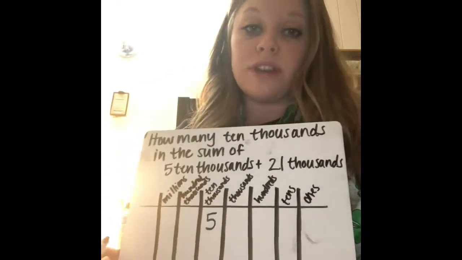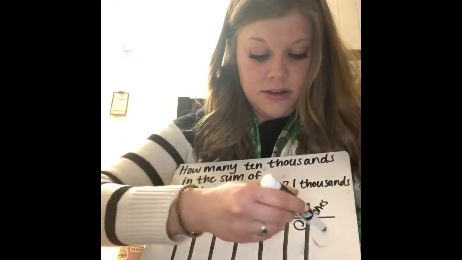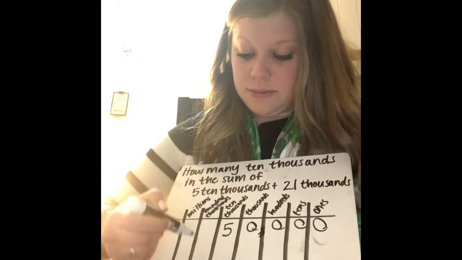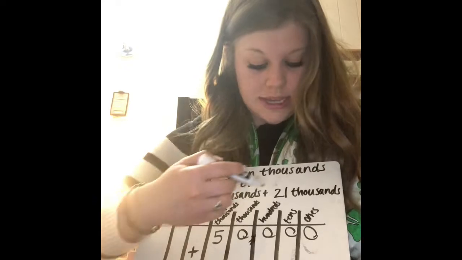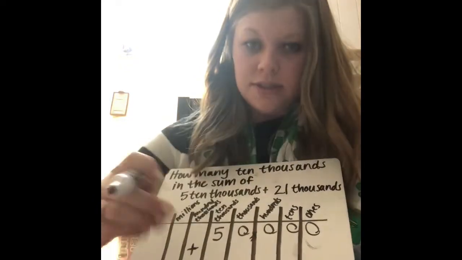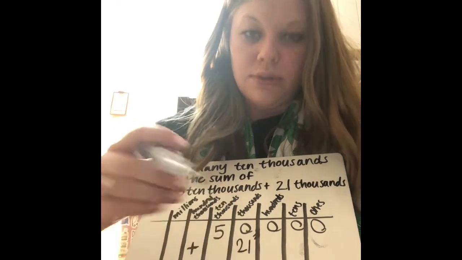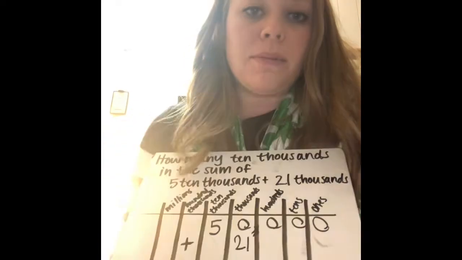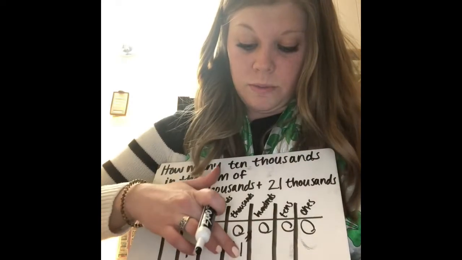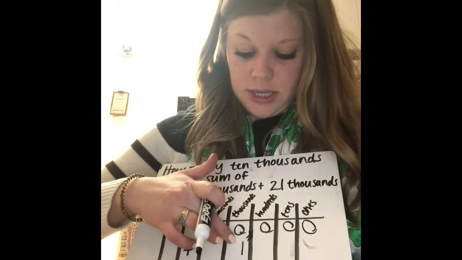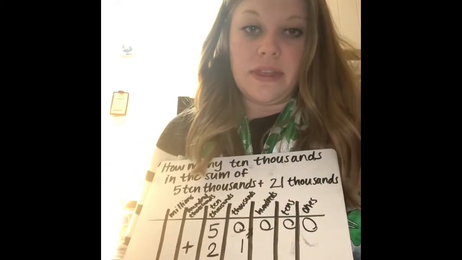So these are two different numbers here. So I'm just going to fill the rest of this in here for 5 10,000s because now I have a new number that I'm adding to that, and that is 21 thousands. So I'm going to go to the thousands place and put 21. But my problem is I can't have two digits in the same spot. So remember, your 2's got to move over here because 20 thousands is the same as 2 10,000s, right?